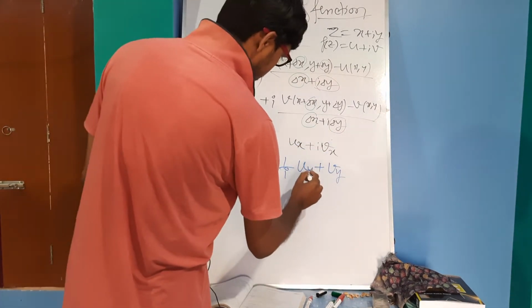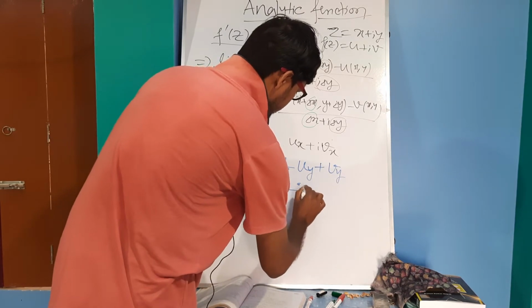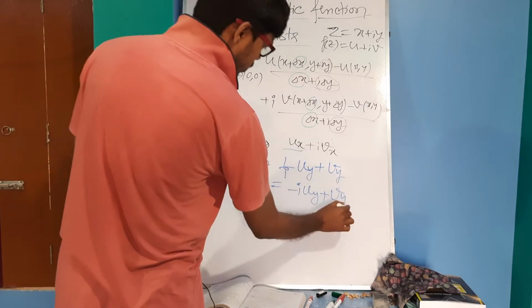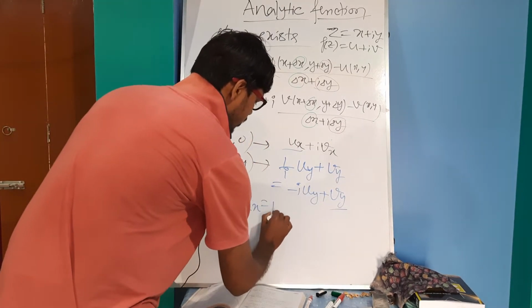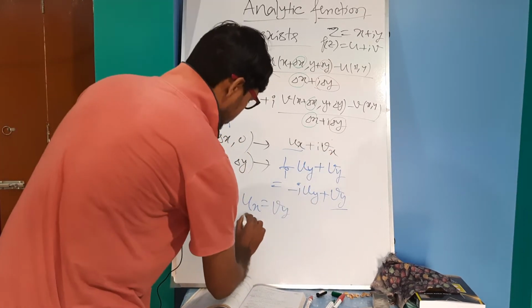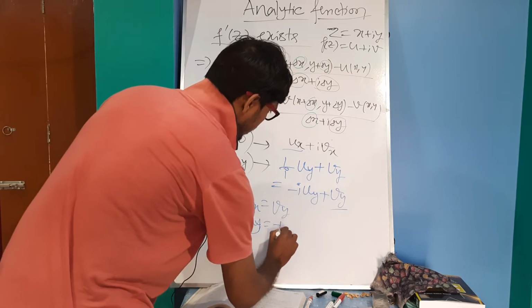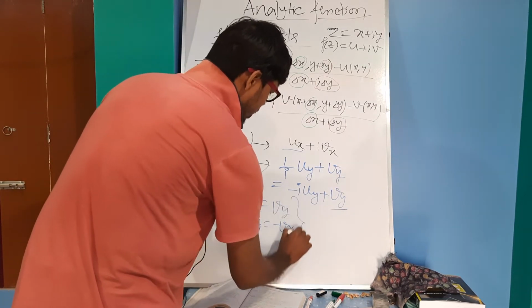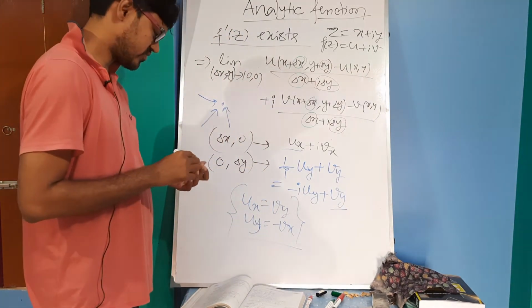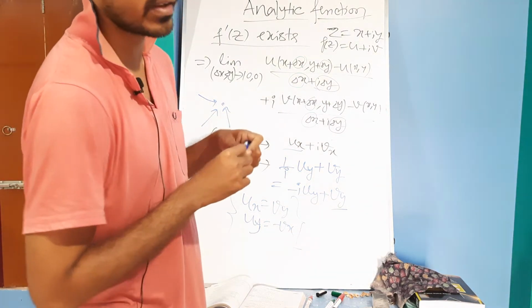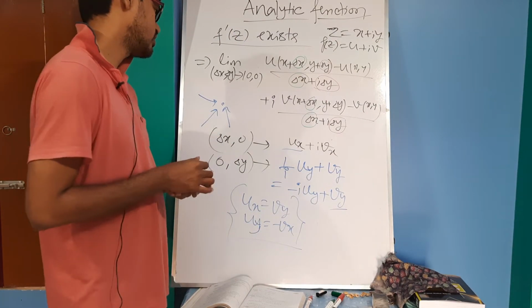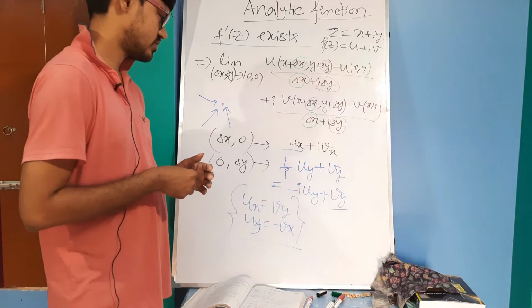So in that case, the imaginary part, if you simplify this, so real part will be equal to real part, that means ux equal to vy, and from this line uy will be equal to minus vx, and these two equations are called Cauchy-Riemann equations, and it is very important regarding analytic function, and we will use these relations in many problems. So what is the conclusion?